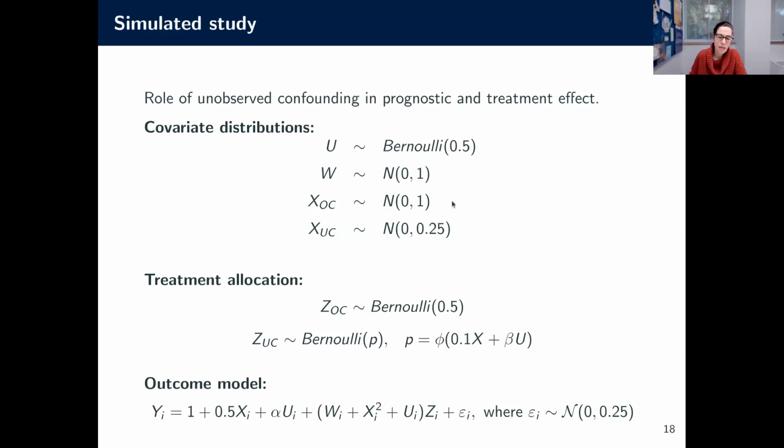And we're going to fit a model where, in the case of the unobserved confounding, the probability of treated versus untreated depends not only on X, but also on this unobserved variable U. And then we have an outcome that depends on U, depends on this W that is just a nuisance, but it's harmless, and X and U.